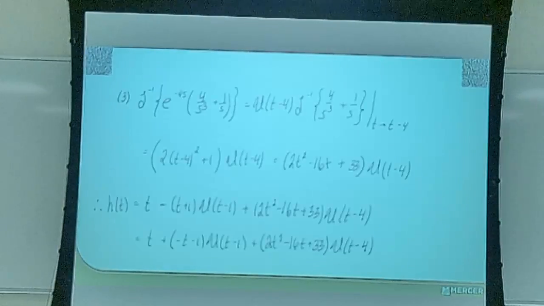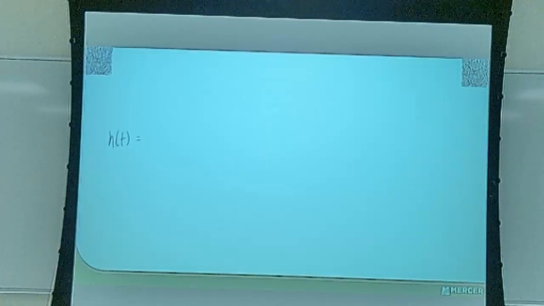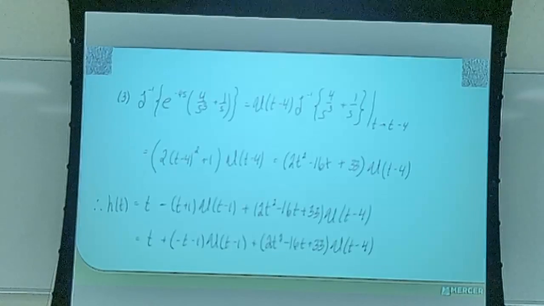How many pieces are there going to be? Three of them. What's the first piece? It's just t.